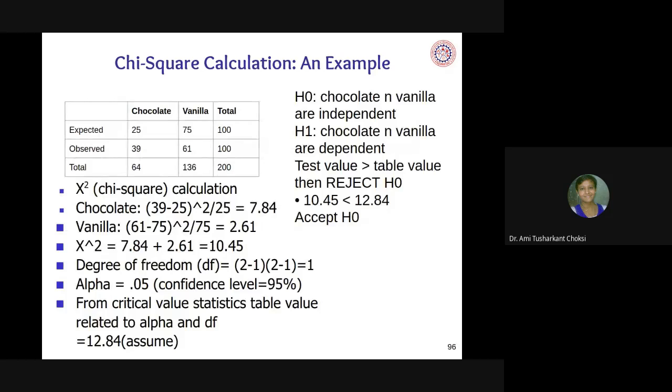Let us see the example. You can understand very easily how we are calculating it. There is a table given to us where observed and expected frequencies are given, and the totals we need to find.